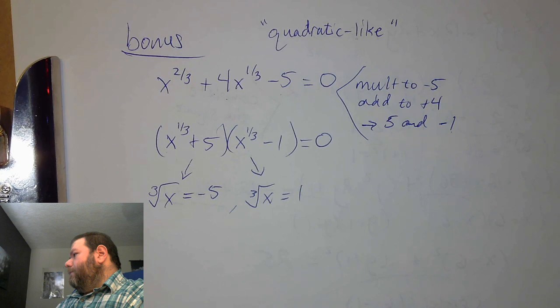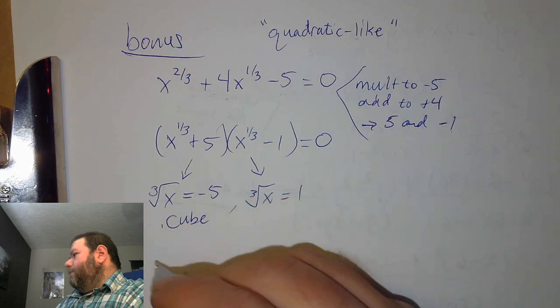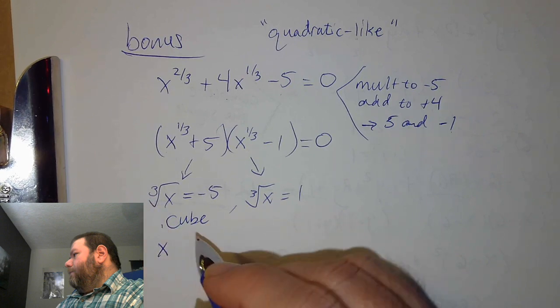We'll go ahead and cube both sides. So we cube that. Cubing the cube root gets us back to an x.